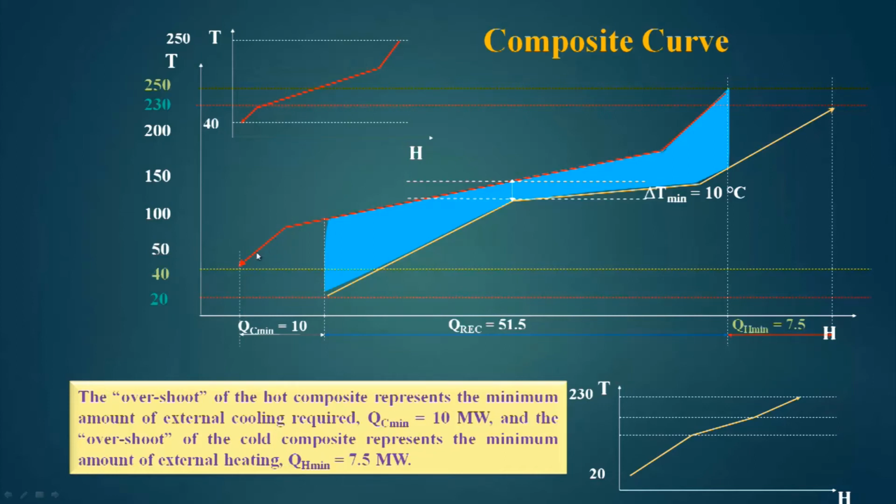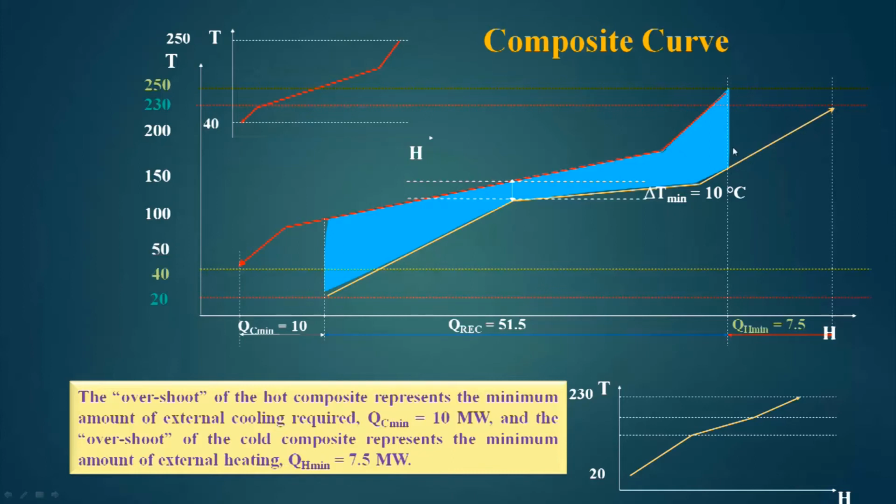This composite hot stream may have a different number of hot streams. It clearly says that those hot streams which are here in the composite will require external cooling to come to this point. Similarly, the composite cold streams which are here, there can be a number of different cold streams here.